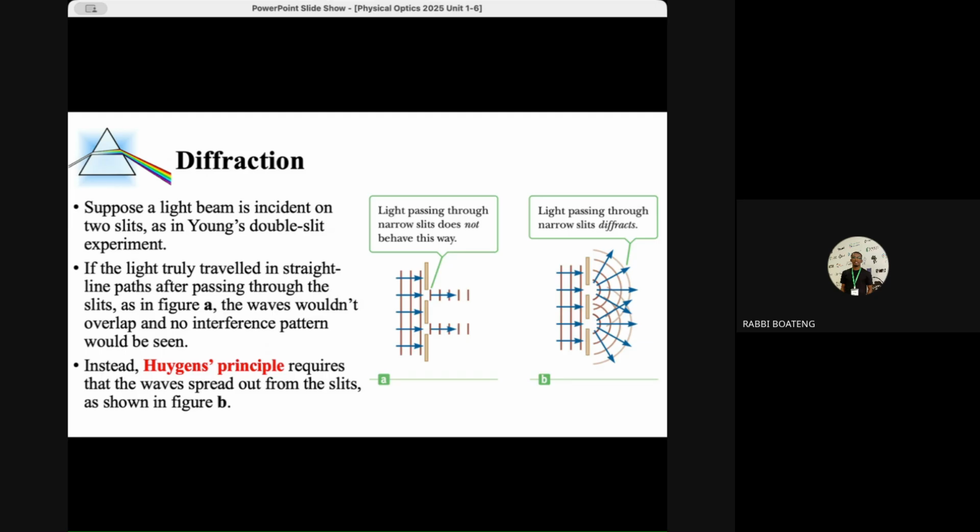If you remember, under interference, we said that light has to pass through a hole. When I was illustrating this, I said that when you are teaching your students rectilinear propagation of light, you do this experiment where you punch some holes in cardboard, then you put the light at one side, and you can use about three cardboards.